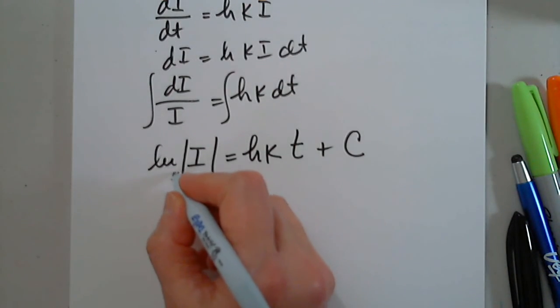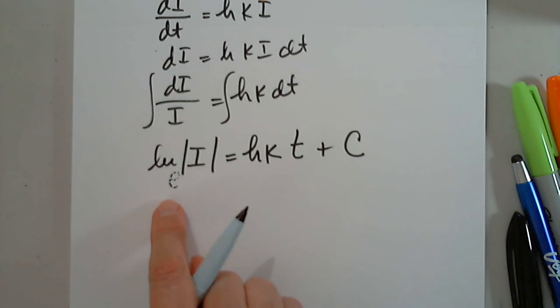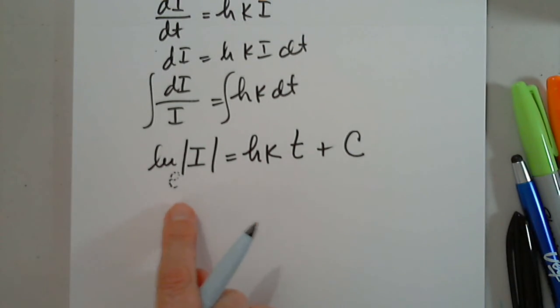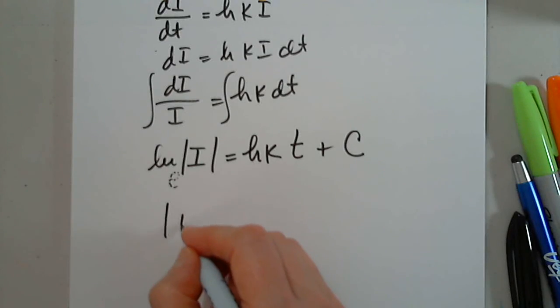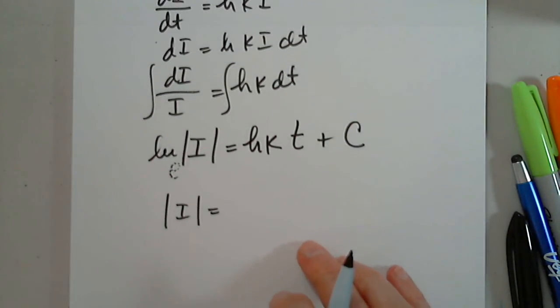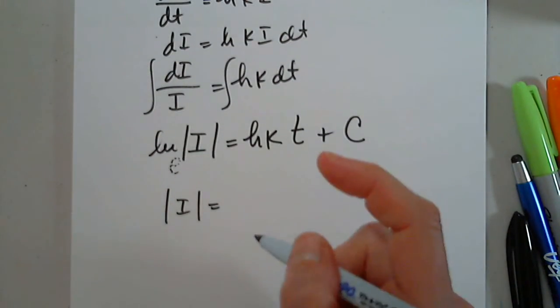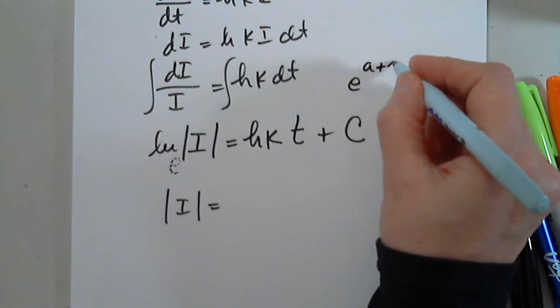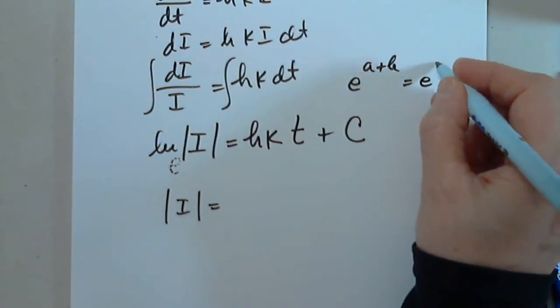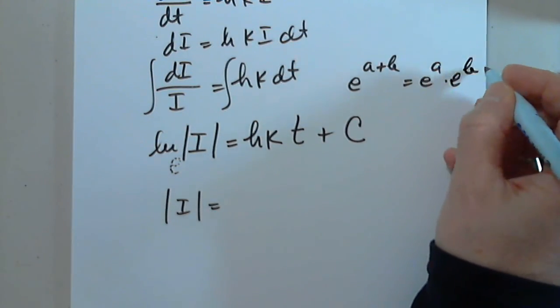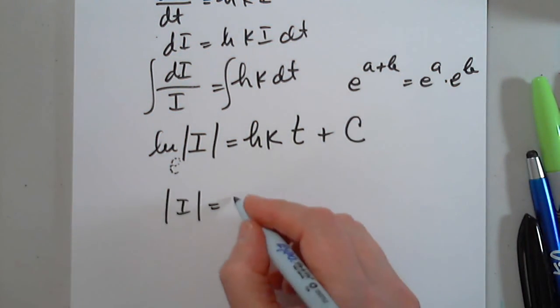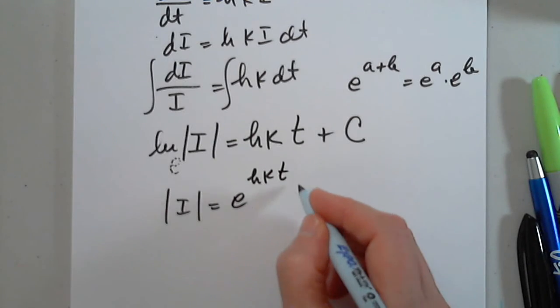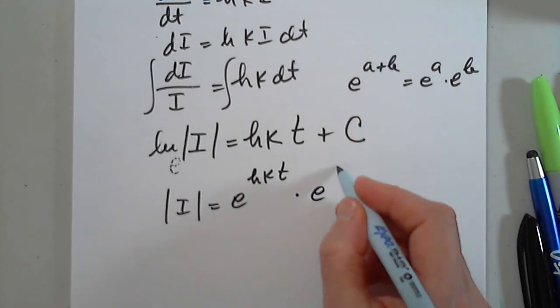There is the base here, which we don't write for natural log. So e to all this is the absolute value of I. If you remember, we broke it up into two pieces: e to a plus b equals e to a times e to b. So it's going to be e to this piece multiplied by e to c.